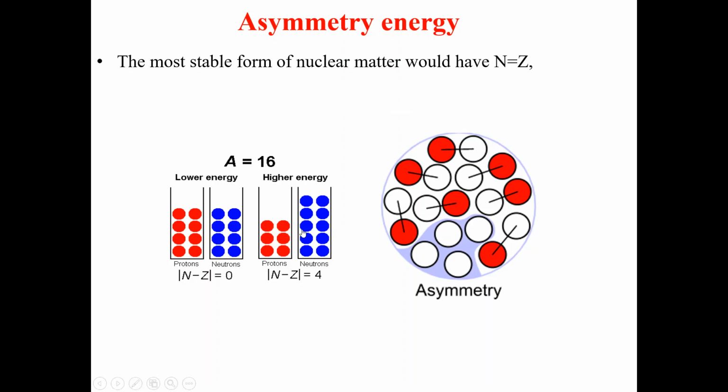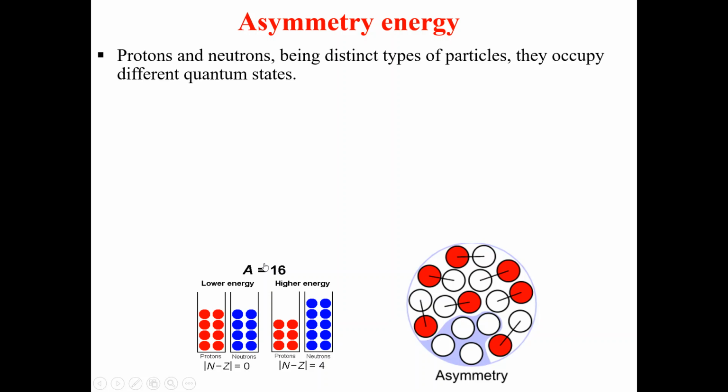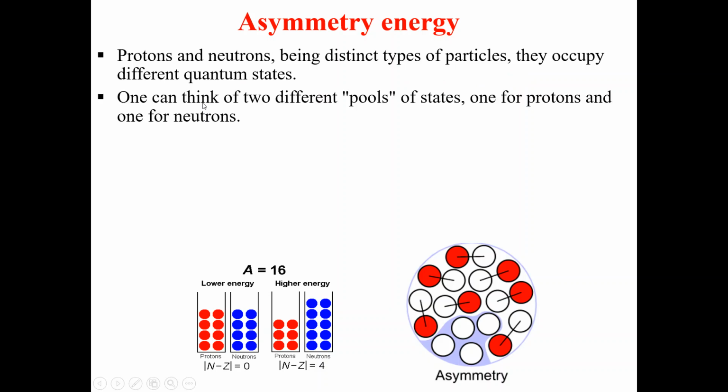What do we have next? Here we say we have the symmetry. This symmetry will also reflect in the binding energy of the system. How would it be? Let us assume that protons and neutrons, being distinct types of particles, occupy different quantum states. It's a well-known fact.